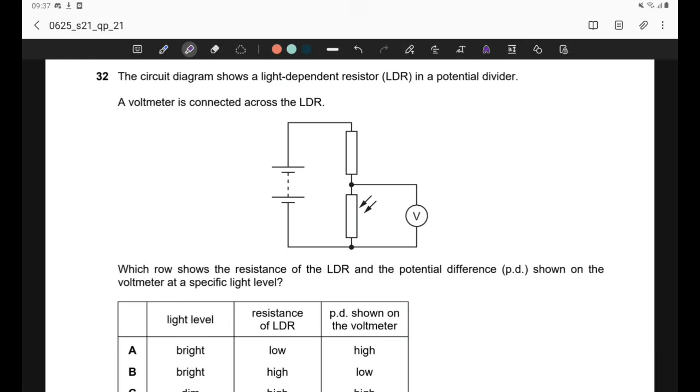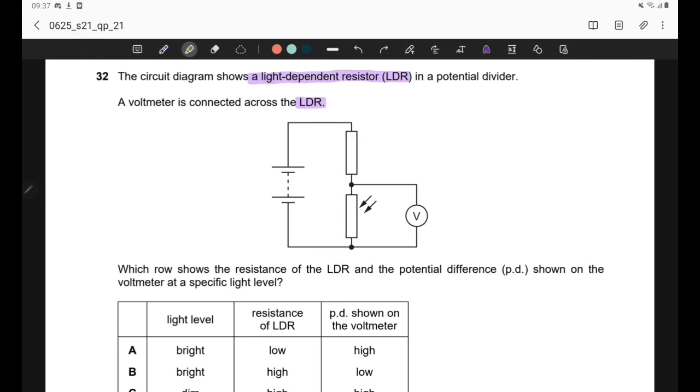Question 32. The circuit diagram shows a light dependent resistor in a potential divider. A voltmeter is connected across the light dependent resistor, or LDR. Which row shows the resistance of the LDR and the potential difference shown on the voltmeter at a specific light level? In this question we are provided with a potential divider.